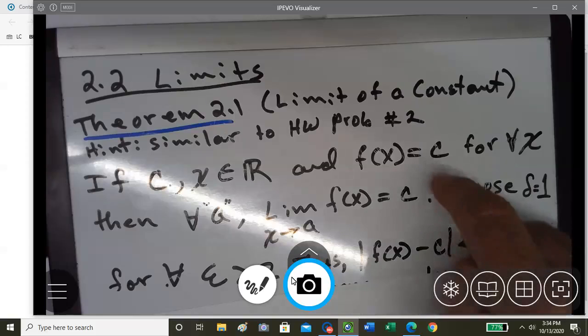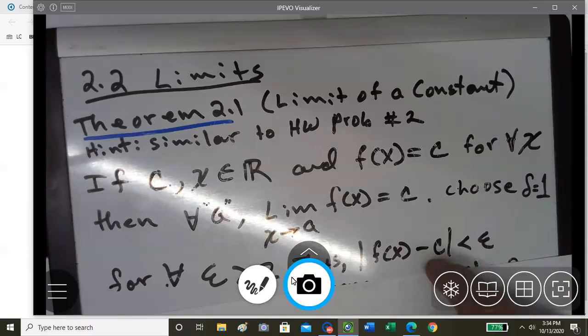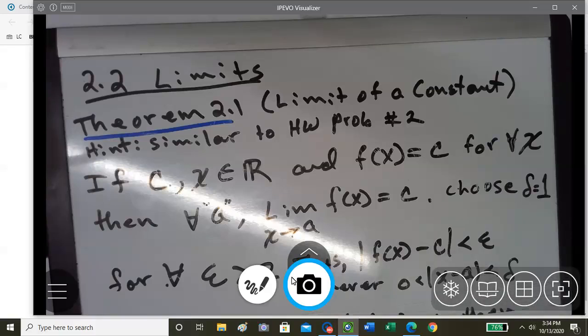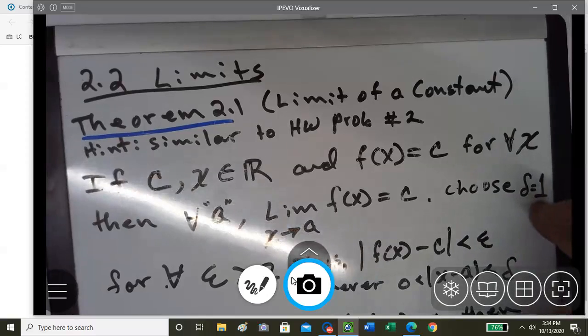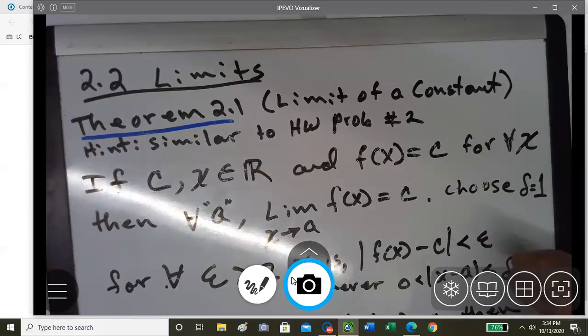But since the limit is c, we're putting here f of x minus c instead of f of x minus L, our limit, whenever our difference between x and some number a, the limit that we're approaching, is less than delta. So we're going to substitute this 1 in for delta here.